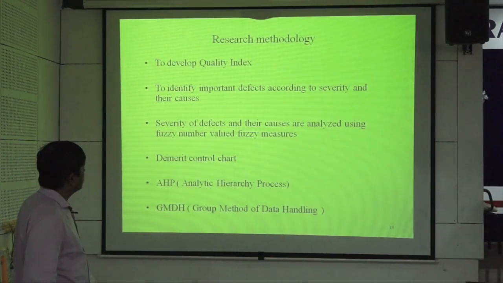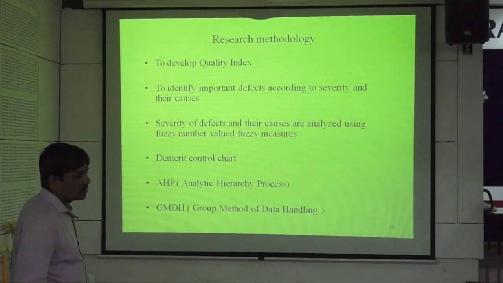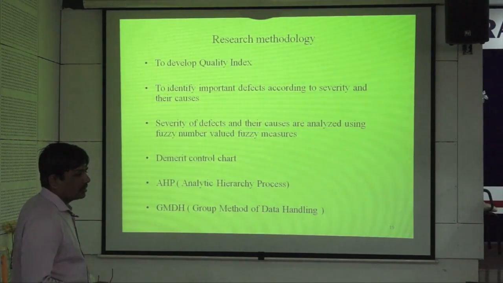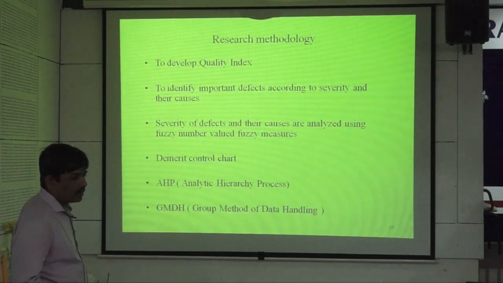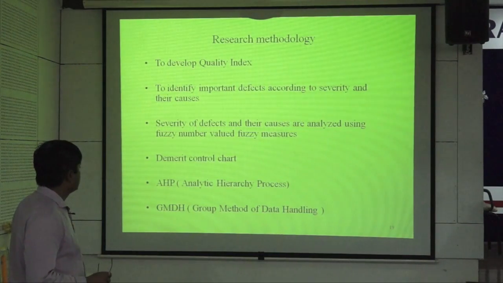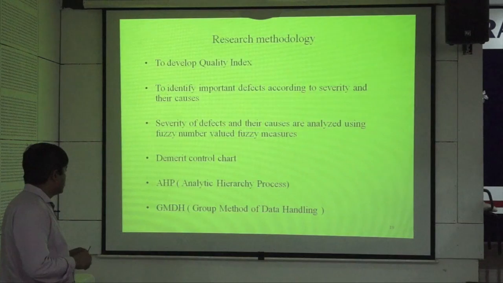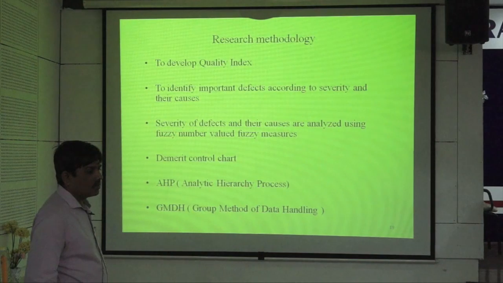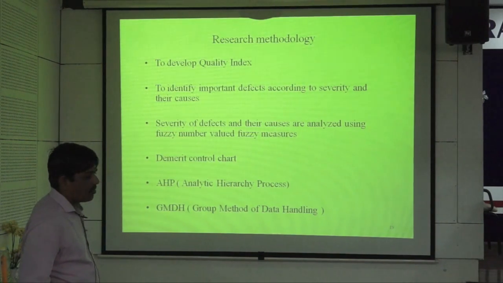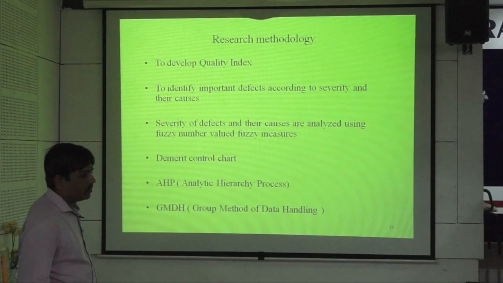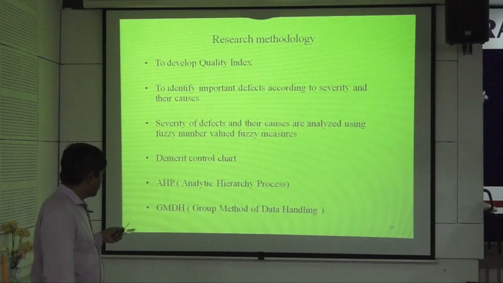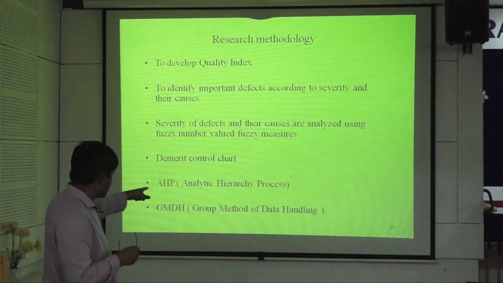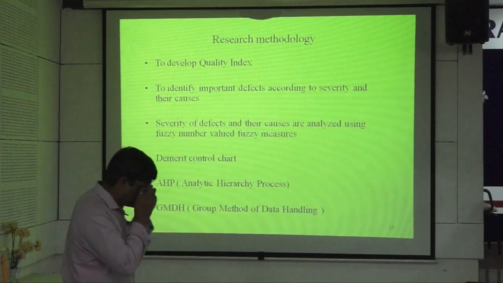Then by using some fuzzy techniques. So then the demerit control chart, AHP, this is the score method, and GFDH. This is used for modeling purposes. So AHP was basically used for the score method to rank the variables.